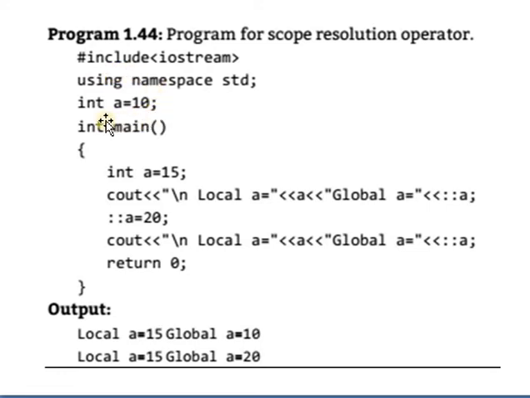Here one variable a, which is of type integer, is defined, and a having the value of 10. Then in the main function, there is another variable having the same name a, with the same data type integer, but it having a value 15.